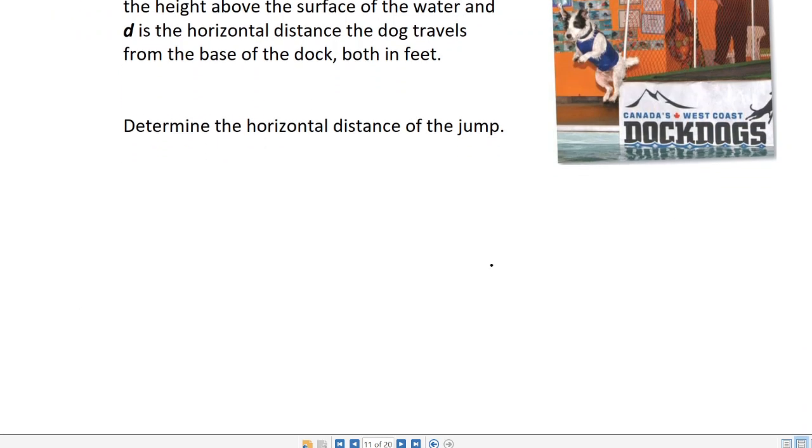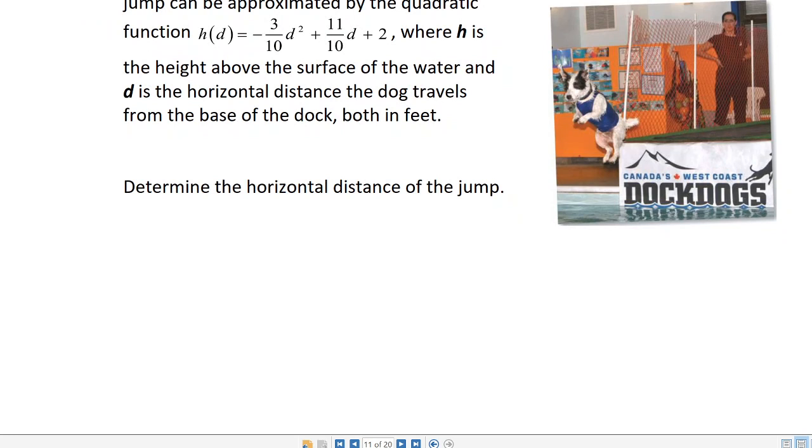So what I'm going to do is the picture we have is adorable, but it's not really showing us what's going on. So I'm just going to draw a picture here. So we have our little dock that he's jumping off of, along with the water. And then we have our doggy, and he jumps like this, so it follows the parabola.